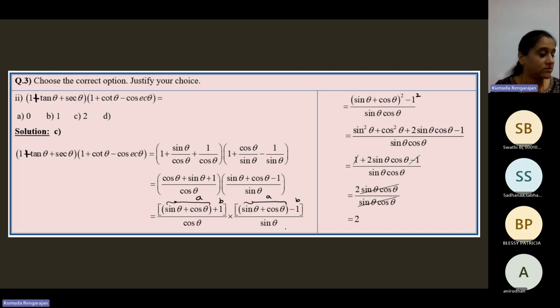But you have to use the identity because you need to get used to new things. Identity you have learned in 8th standard, but to use that identity here is new, so you'll have to get used to this. Don't stick to the old method of regular multiplication. Please use the identity.